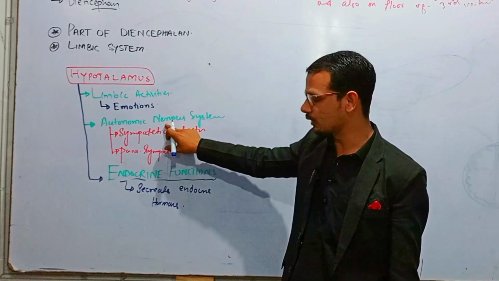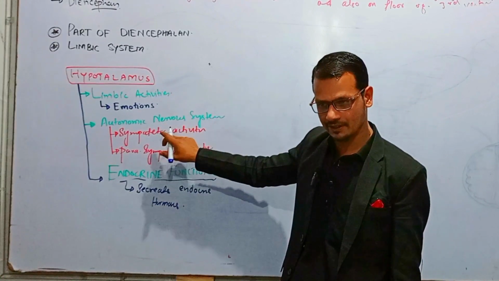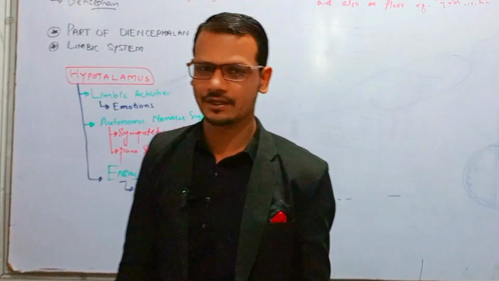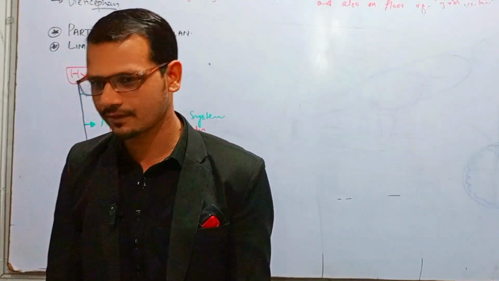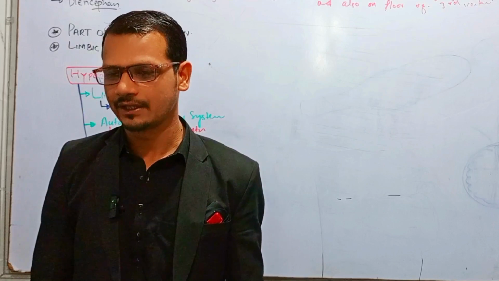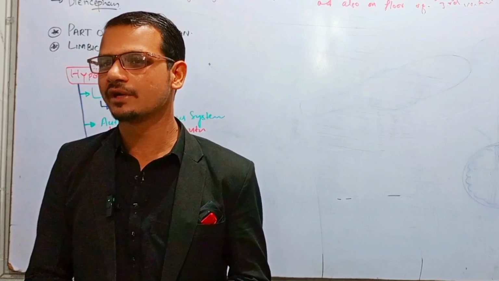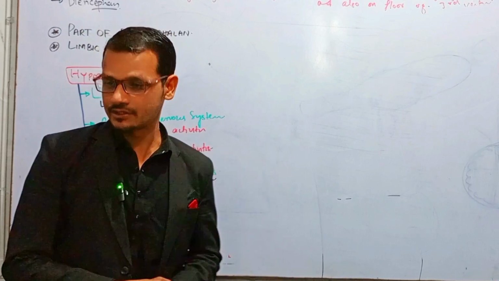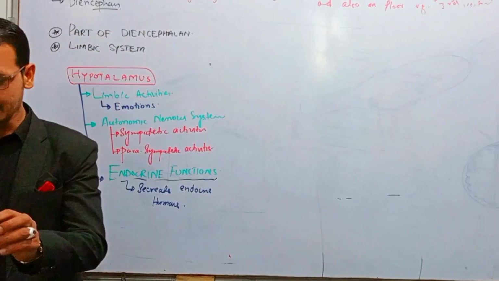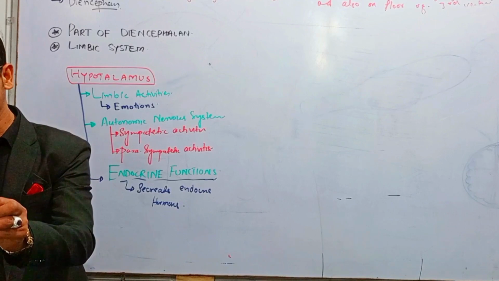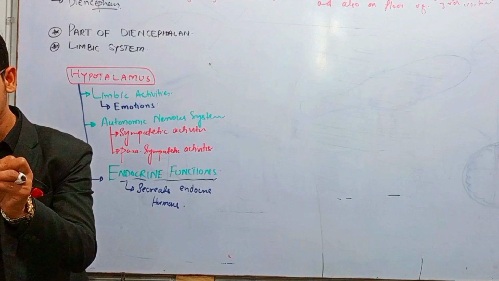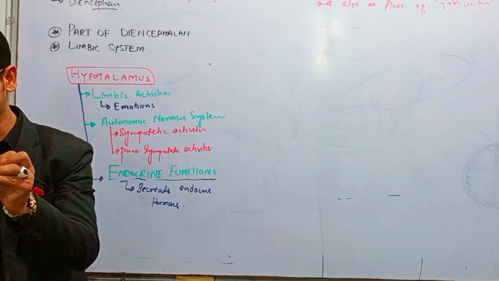the control of emotions, the autonomic nervous activities, sympathetic, and for example, if someone is suddenly hypoglycemic. Hypoglycemic means that a person has low blood sugar level, right? For example, 40, 50, 60, right? Suddenly, when he is in hypoglycemic state, sweating starts from his body, right?